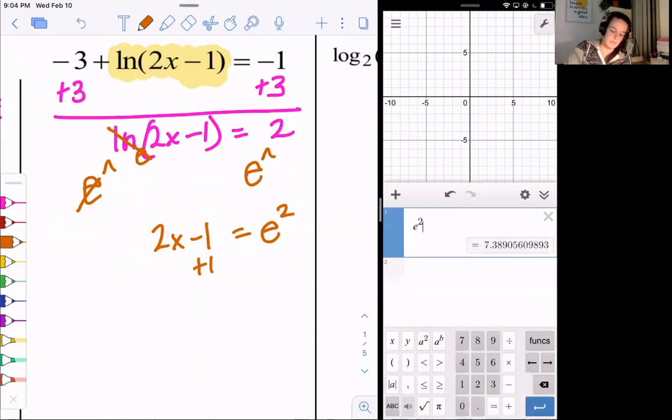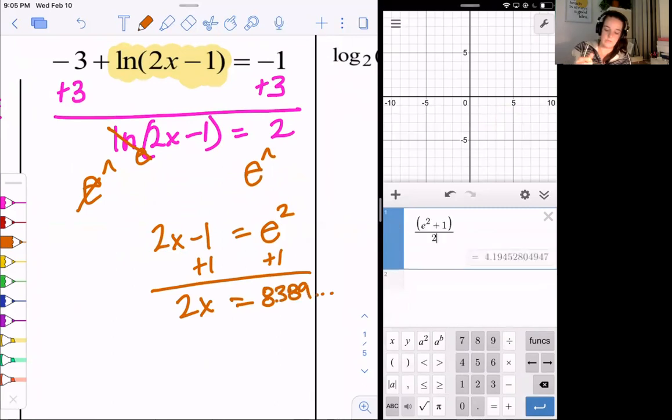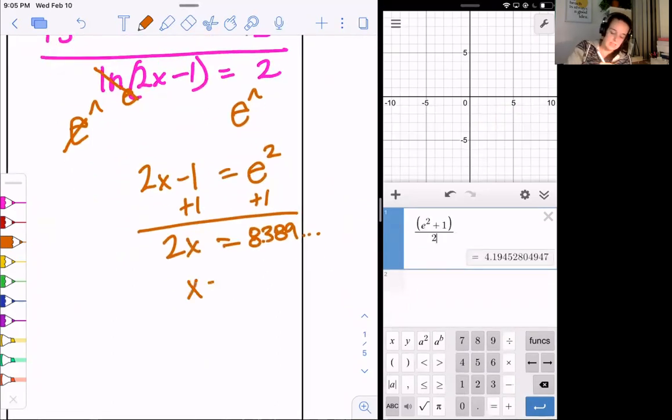So I'm going to add 1 to that number. I get 2x equals 8.389, etc. Then I take that and divide by 2, and I get x equals 4.195. Use 3 decimal places there.